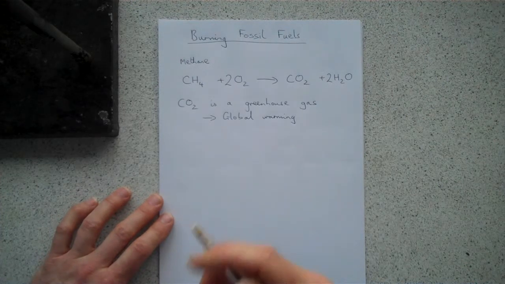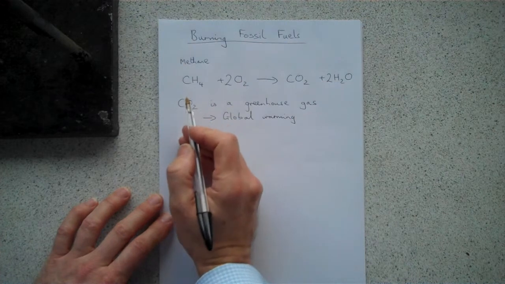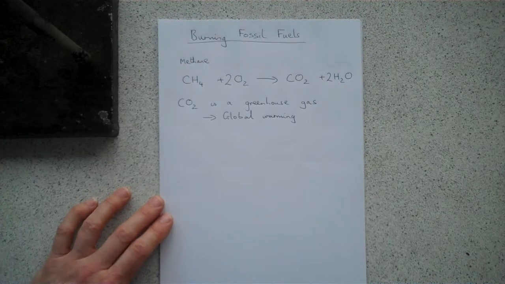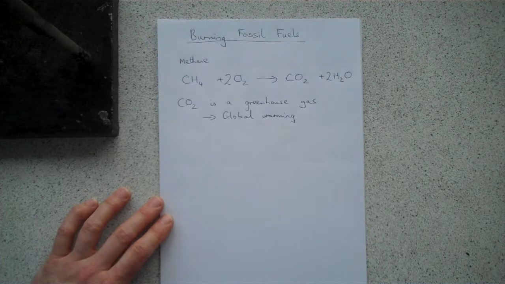Supposing you don't get enough oxygen into your reaction mixture to burn the methane completely. Now, the example of this happens when you set your Bunsen burner on the safety flame, the visible flame. The fact that you can see a yellow flame tells you that there's not quite enough oxygen there. To get more oxygen there, you open the air hole, and sure enough, the flame burns hotter and you get a more vigorous reaction.